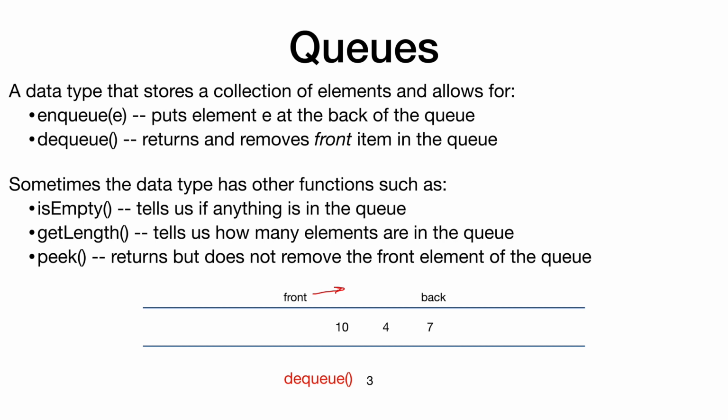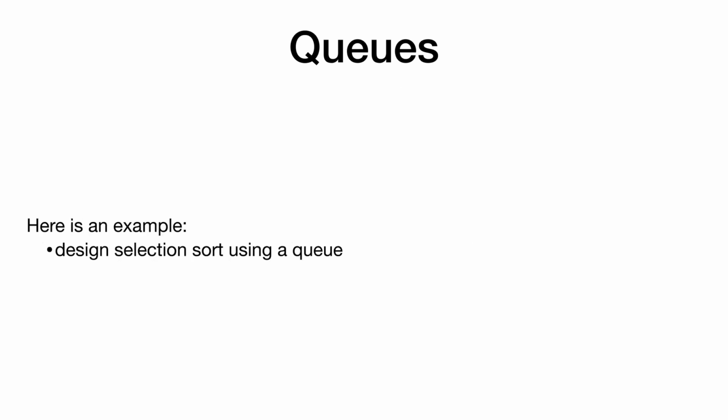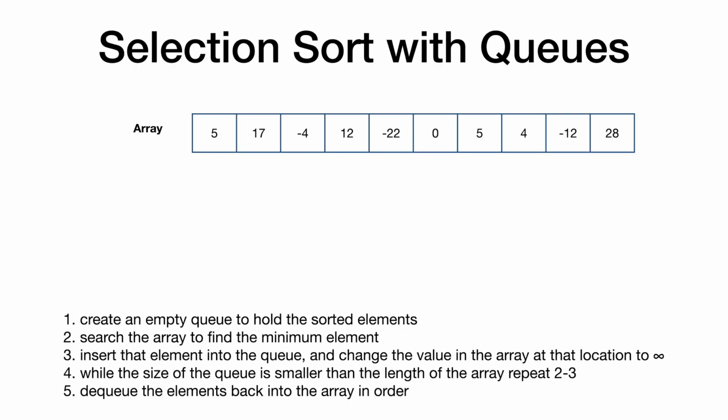Just like we did with stacks, we're going to go through a little example. Here we're not going to do merge sort. We're going to design selection sort to use a queue. Given an array, we want to sort that array. We start with our unsorted array, and our algorithm says create an empty queue to hold the sorted elements.